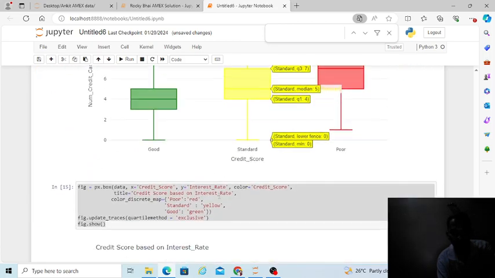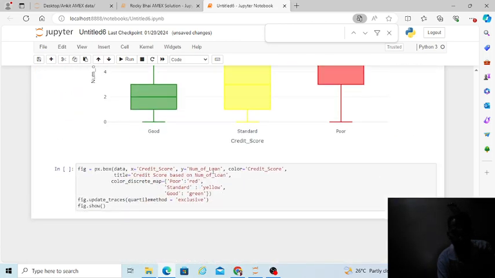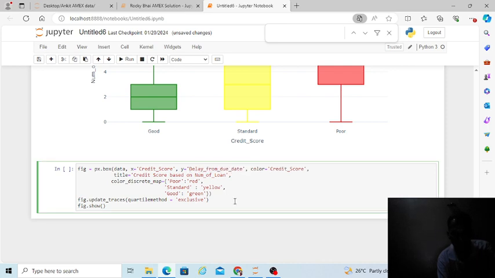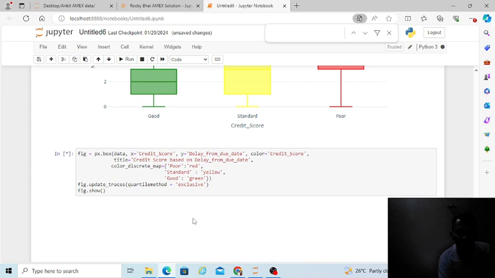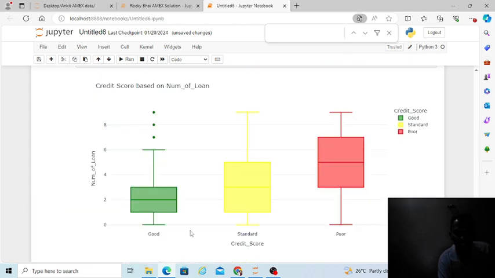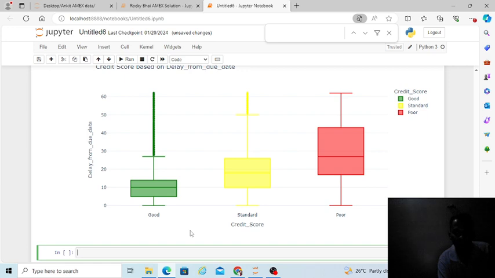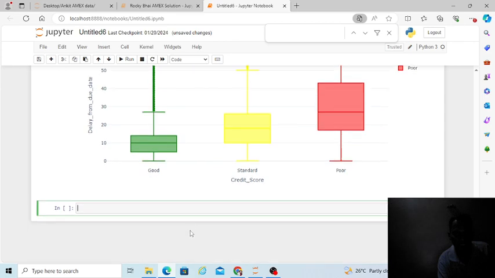So we will visualize this also. Delay in due date. Okay, this also shows people who have delayed due dates more are having poor credit worthiness.